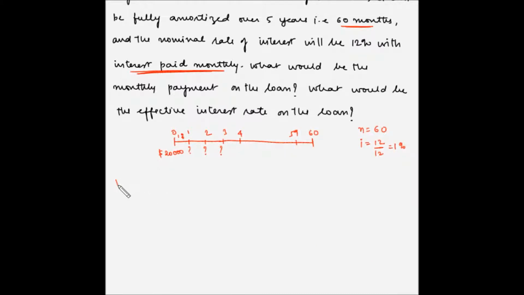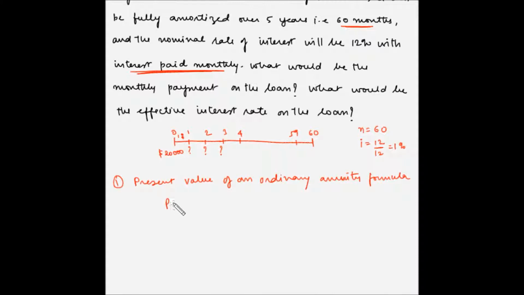Let's first do the first method, which is to use the present value of an ordinary annuity formula.